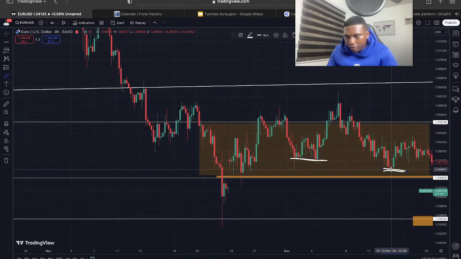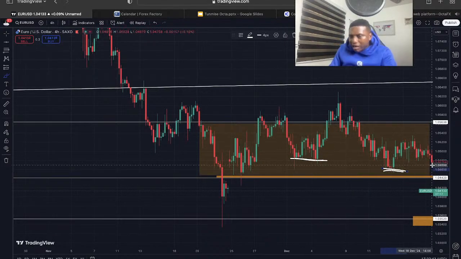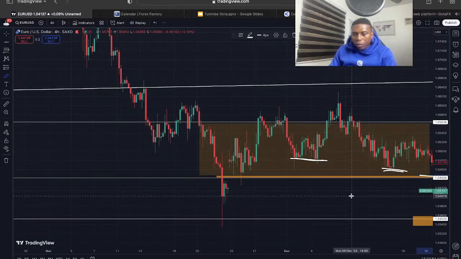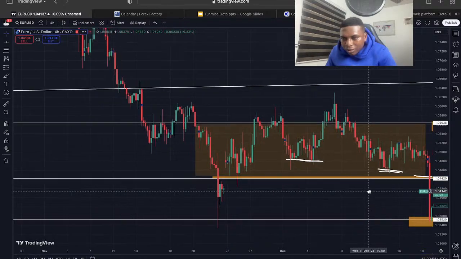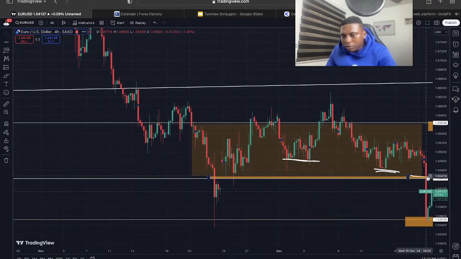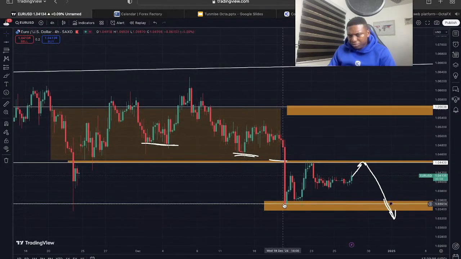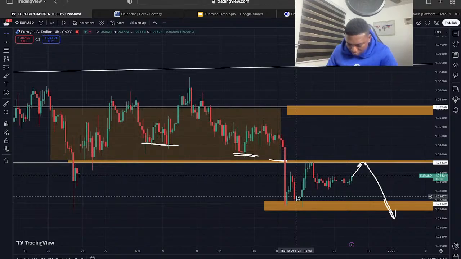So what I would have done is to set a sell stop order so that when the price breaks out, my sell stop order is triggered, and that's it. So that is how I would have predicted it.